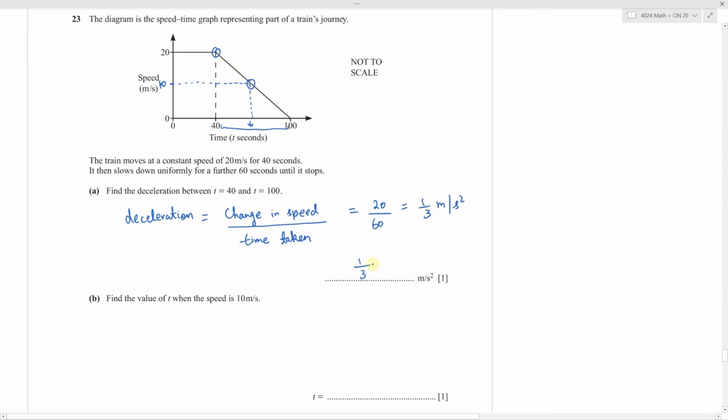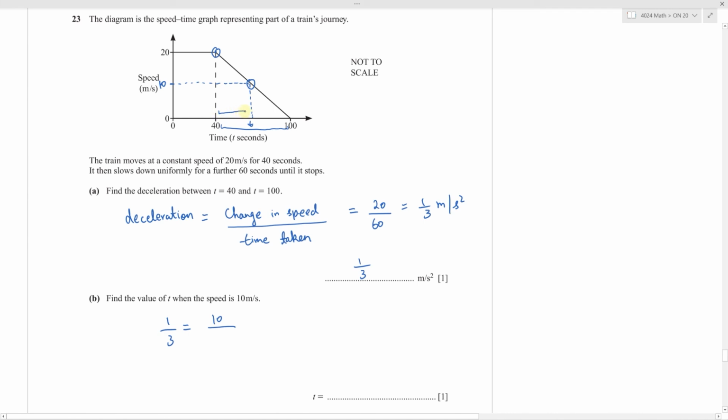So you know that the gradient is 1 by 3. 1 by 3 gradient is given by, again, fall over run. So you're falling from 20 till 10. What is the change in speed? 20 minus 10, which is 10. And how much time is taken? This is t, this is 40.